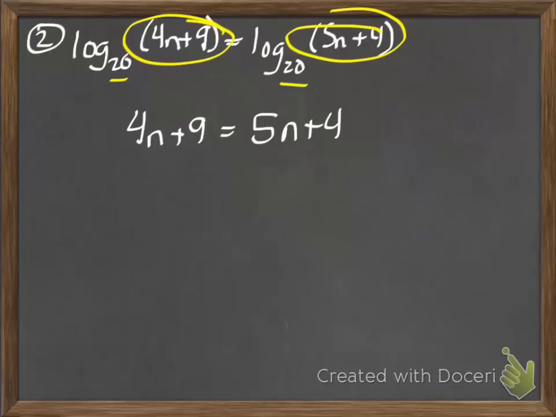So how would I solve this equation? Subtract 4. Oh, you're going with the subtracting the 4? Okay, I'll do that. Subtract 4 and subtract 4n. We're moving both of them around.